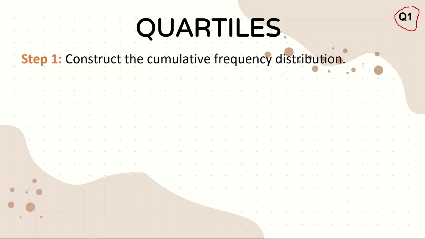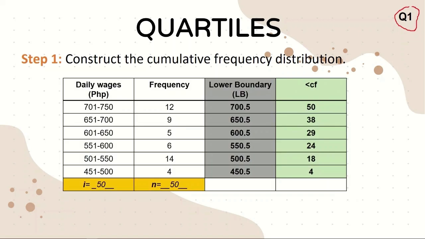Step 1, construct the cumulative frequency distribution. To complete this table, we have to find the lower boundary and then the less than cumulative frequency. A while ago, I already discussed the terms that we need to complete this table.